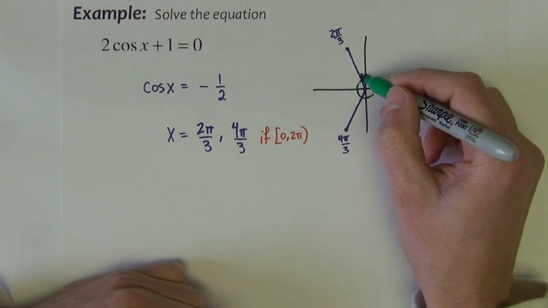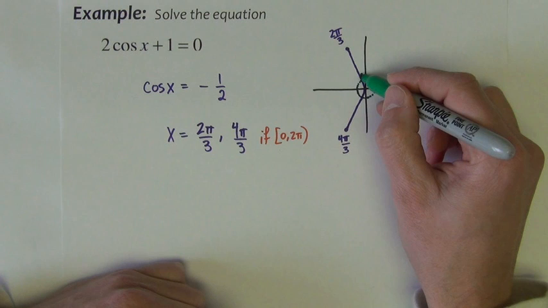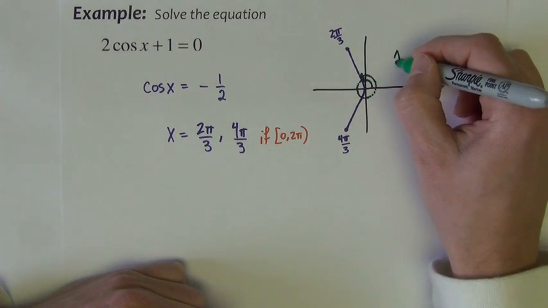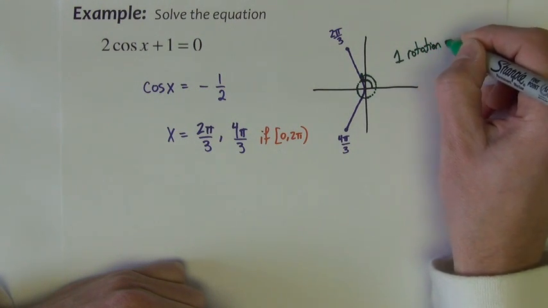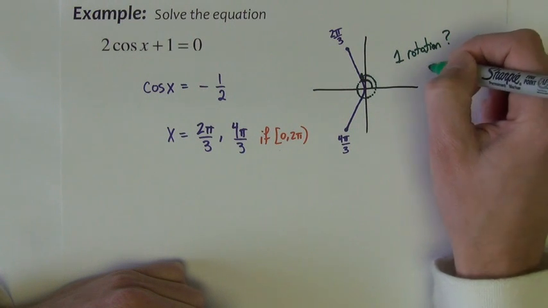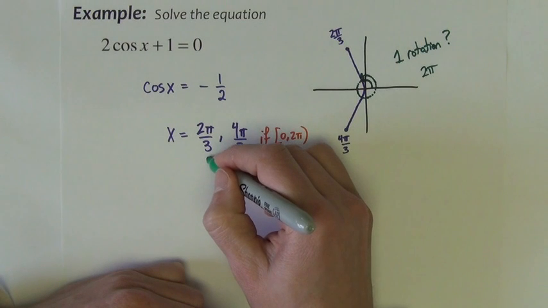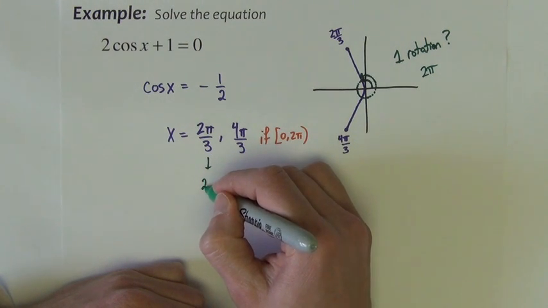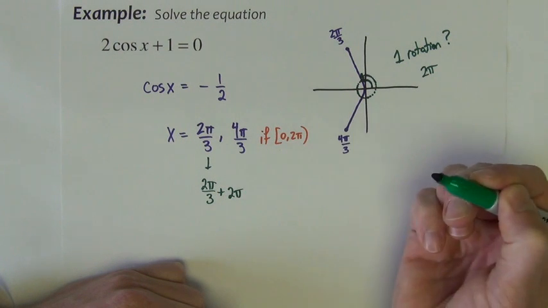Now if I were to do that, what did I just add to 2 pi over 3? I went around the circle an entire time. One rotation of the circle is how many radians? One rotation is equal to 2 pi radians. So this could also be 2 pi over 3 plus 2 pi.